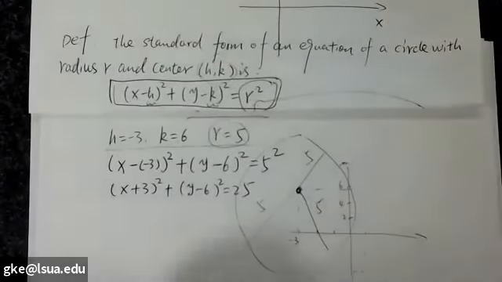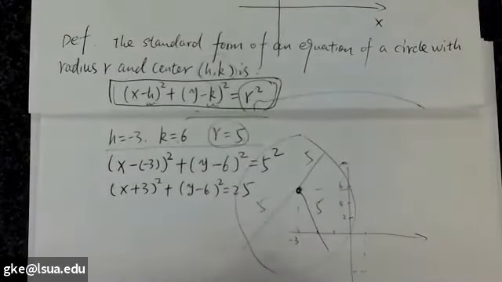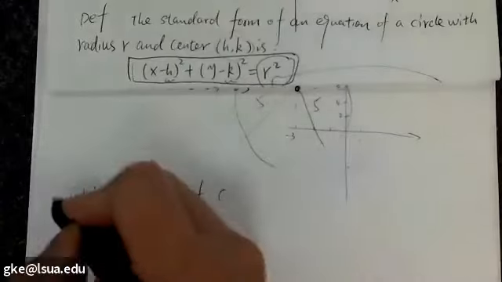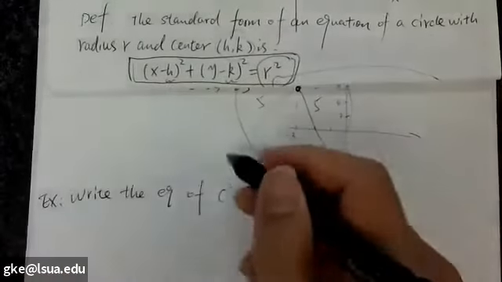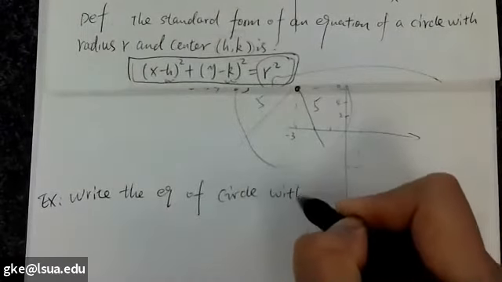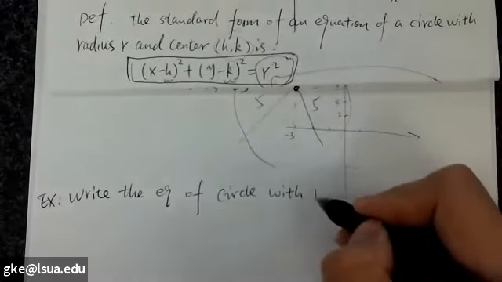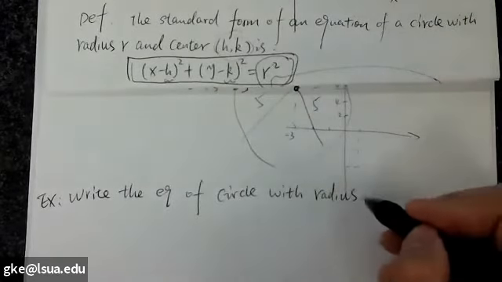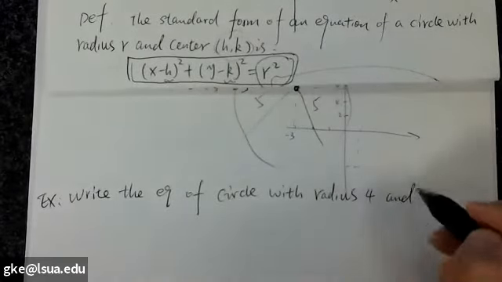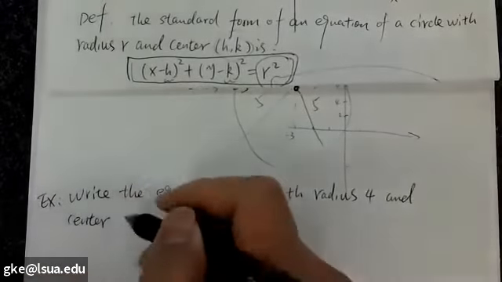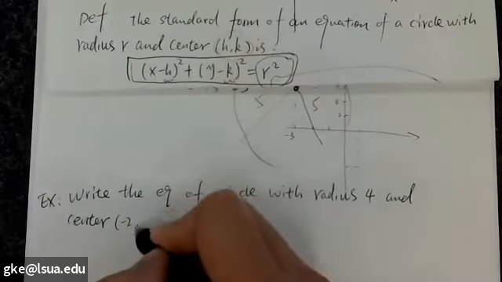Write the equation of circle with radius 4 and center (-2, -3).